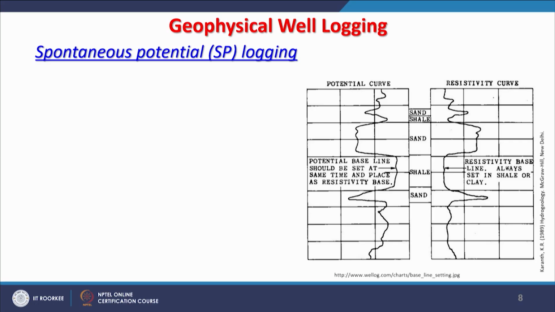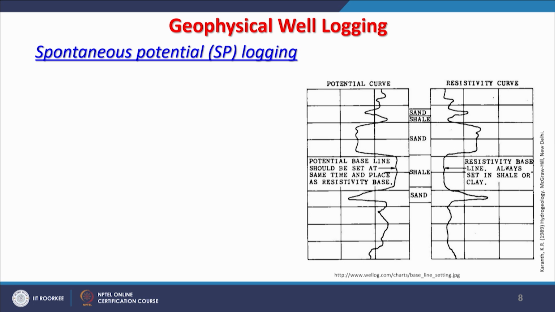But for domestic purposes or small colonies, many times such detailed analysis, in fact the well logging itself, will not be done. If it is done, just resistivity will be done and so on.